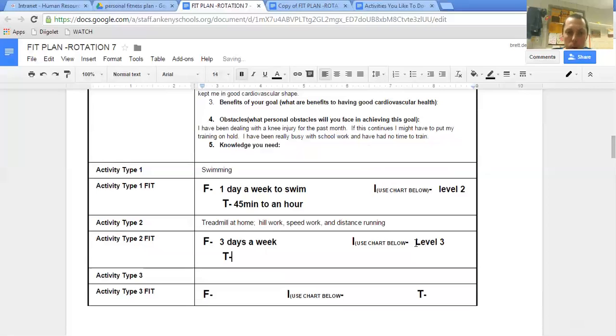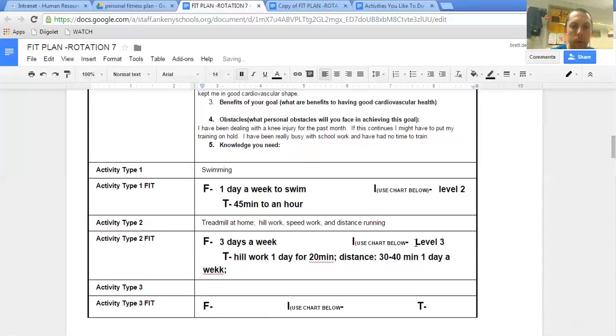Okay, and my time. How much time am I going to spend on each one? Well, when I do my hill work, I want to spend 1 day for, let's say, 20 minutes of hill work. And then for my distance, I'm going to do maybe 30 to 40 minutes 1 day a week.